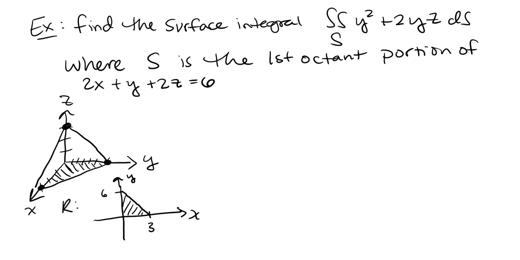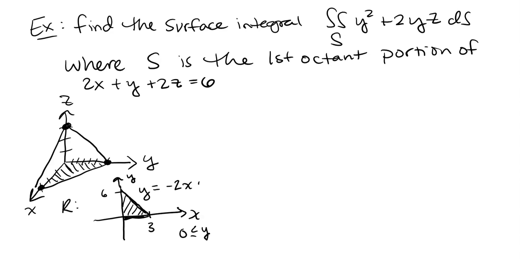So looking for bounds for R, we can see that y starts down at 0 and comes up to this line. If we look for the equation of that line, it has a negative slope of negative 2. We go down 6 and over 3.